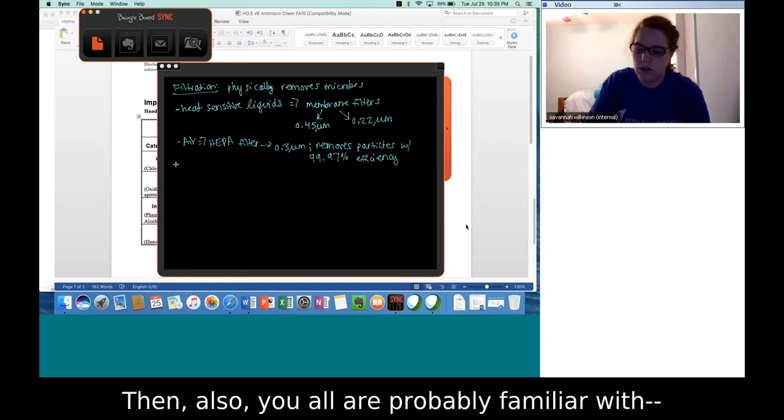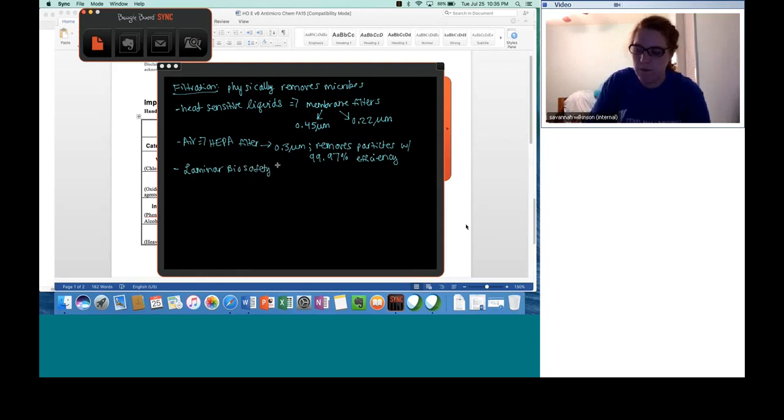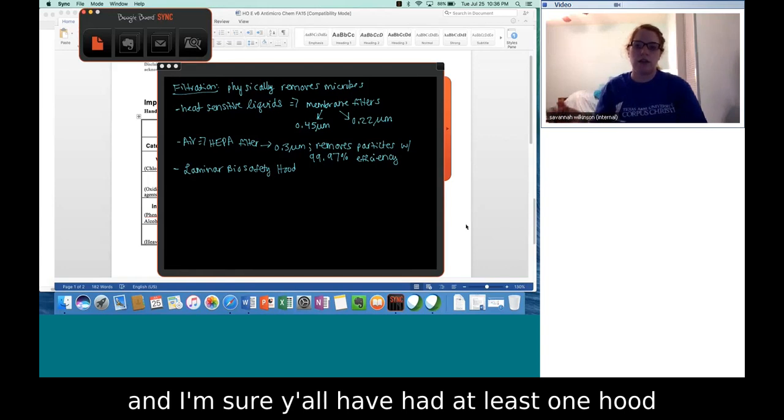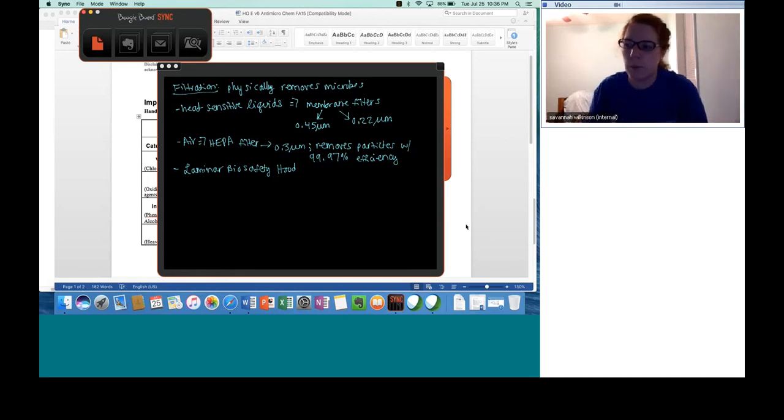Then also, y'all are probably familiar with the laminar biosafety hood. We have this in the biology and chemistry labs, and I'm sure y'all have had at least one hood in your chemistry or high school science class back at home.